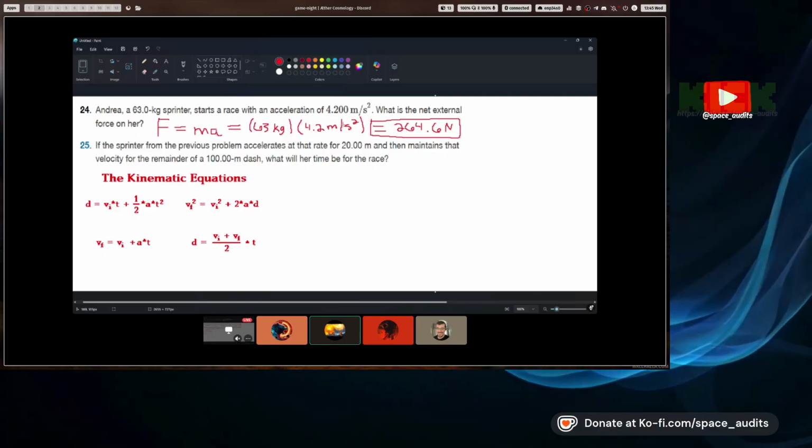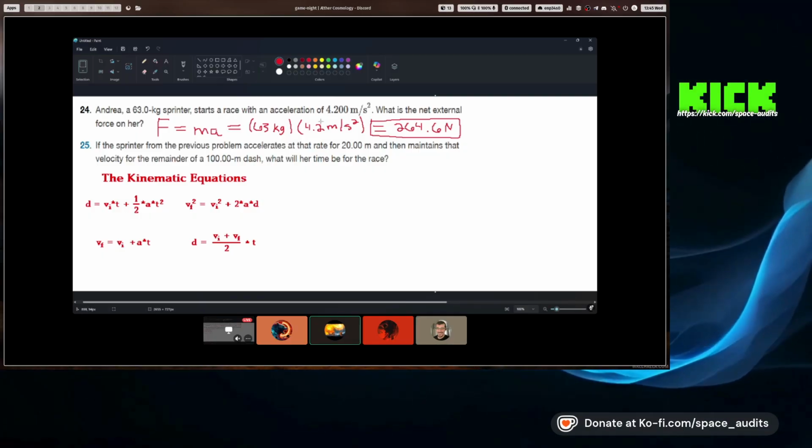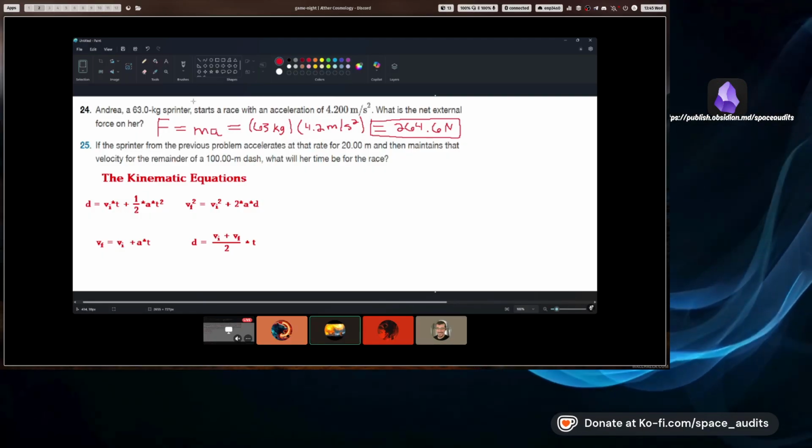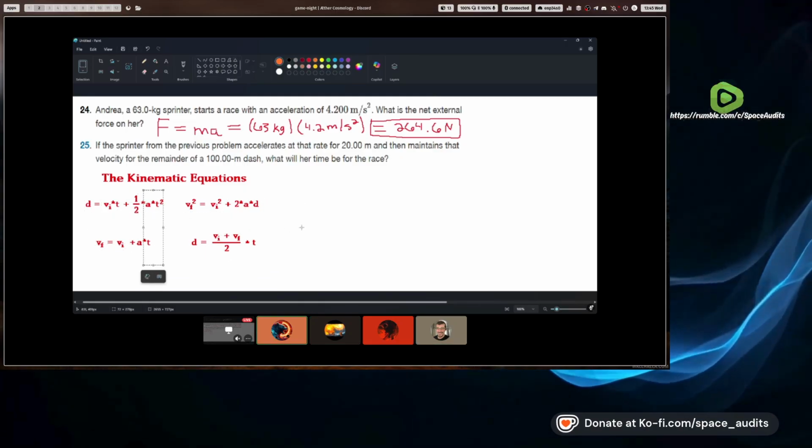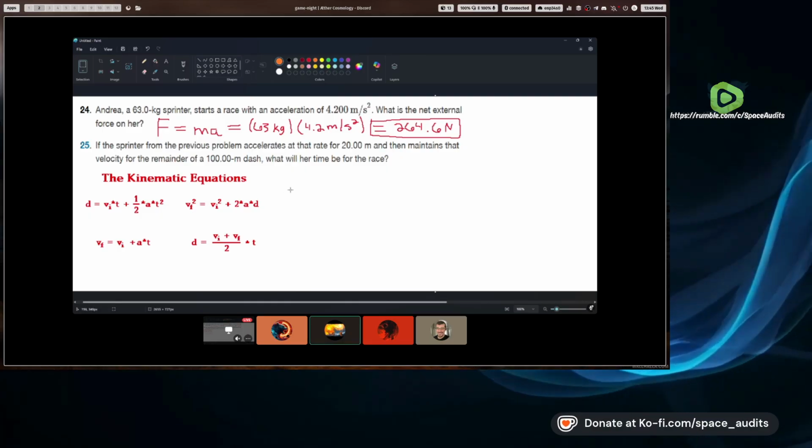We got velocity that we need to find, and acceleration and distance that we know. Which of these four equations can we use? Top right. Top right, yes, sir.